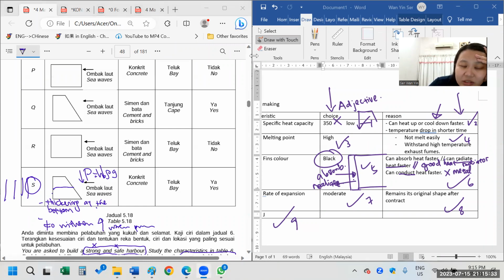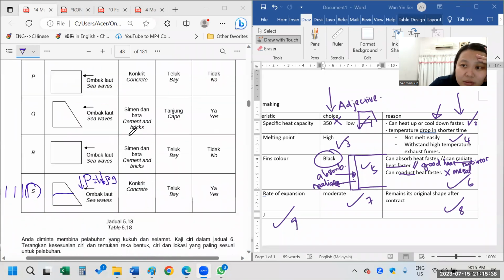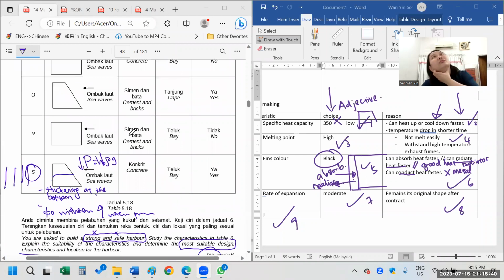Can I say slanted? Slanted. We mentioned the bottom.